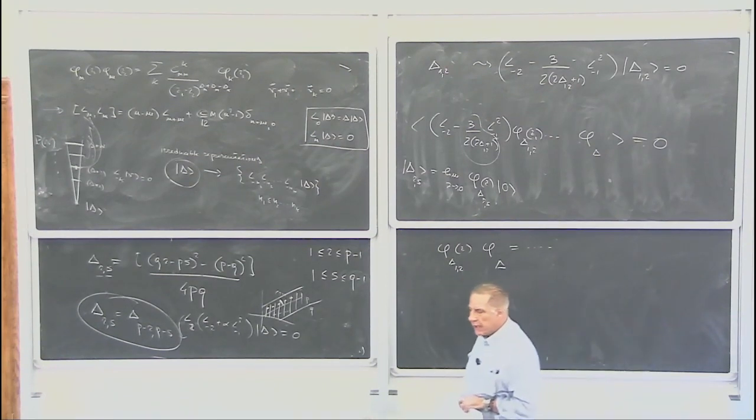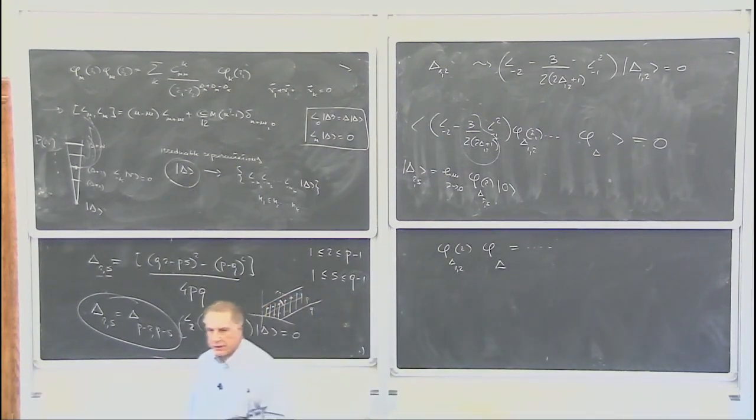Now, you remember how you solve the hydrogen atom? When you go to radial quantization, you make an educated guess. You say, my wave function at the origin goes like r to the alpha. You plug it into the differential equation and you get the value of alpha.